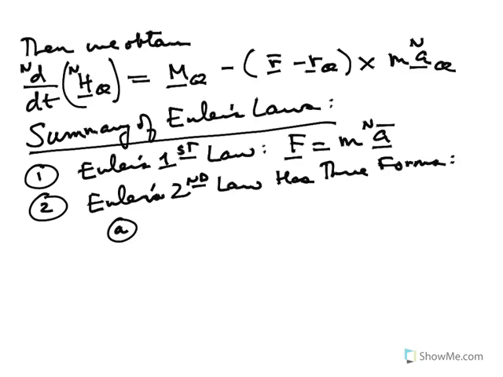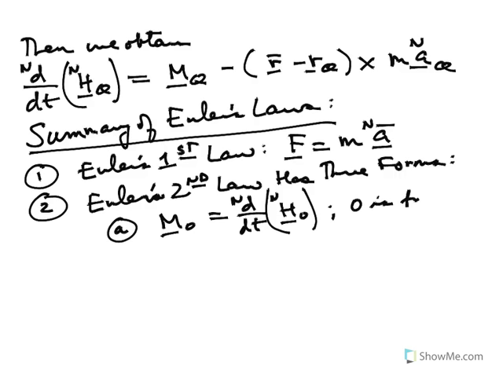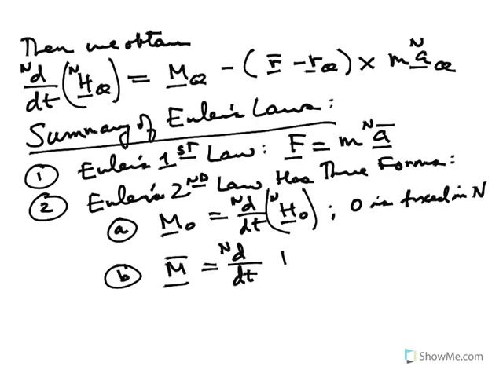The first form is that for an inertially fixed point, the moment relative to the inertially fixed point is equal to the rate of change of the angular momentum relative to that point, where O is fixed in the inertial frame N. The second form is for the center of mass: the rate of change of the angular momentum relative to the center of mass is equal to the moment relative to the center of mass.